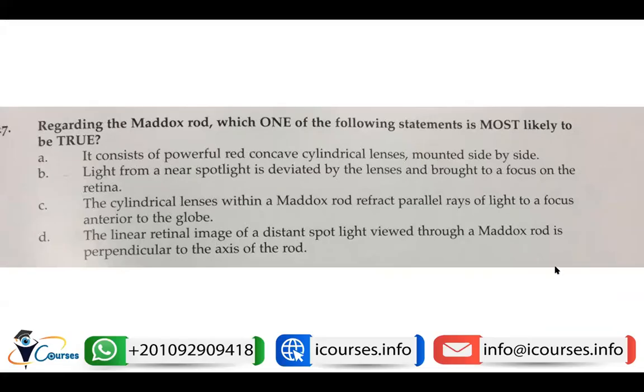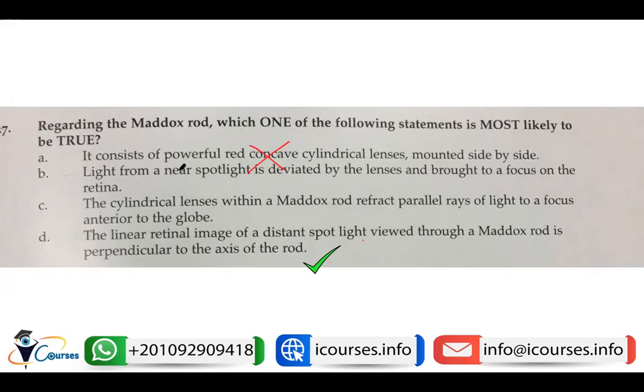Another question about the Maddox rod. Exactly as you mentioned, it consists of powerful red convex cylinder lenses mounted side by side.